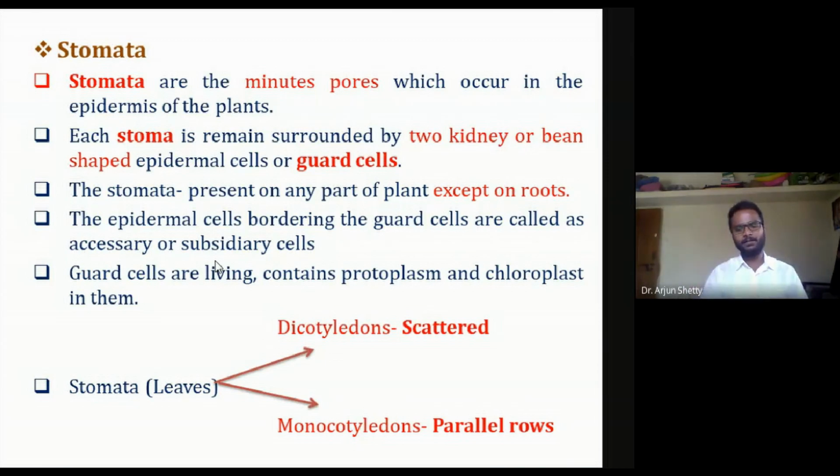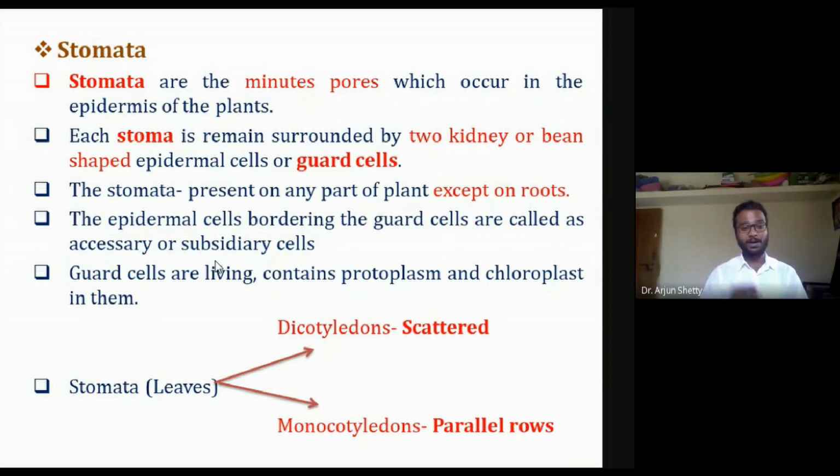When we talk about the occurrence of stomata, the sunken stomata, a very primitive stomata, can be seen only in the gymnosperms. Later, during the course of evolution, in the monocotyledons as well as dicotyledons, we can see a morphological as well as functional variation, a quite distinct variation in the stomata of the dicotyledon and the monocotyledon.